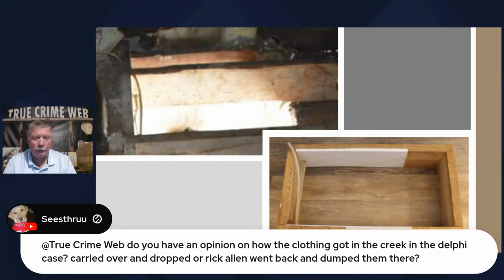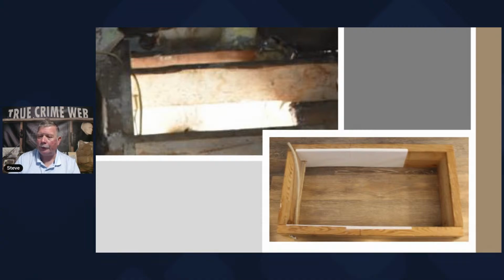Was there some type of transfer of evidence from him onto that clothing? He wanted to throw it into the creek to allow the water to assist in the deterioration of the DNA profiles, or to wash them, or just simply for them to disappear. Don't know, but I believe that the offender, if they weren't dropped in some type of flight, then they were put there by the offender.